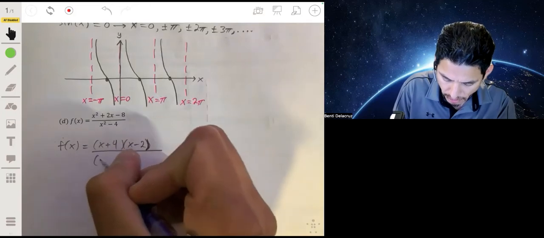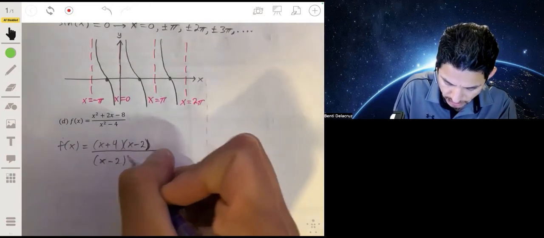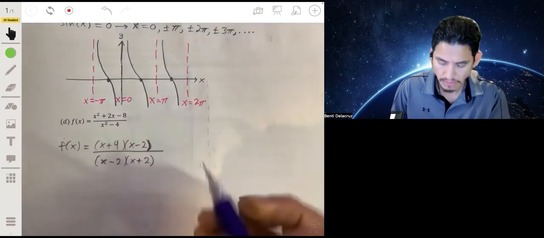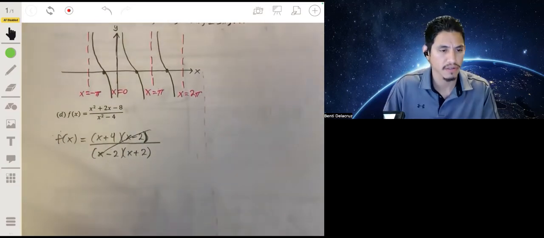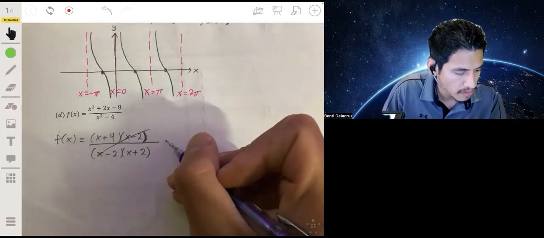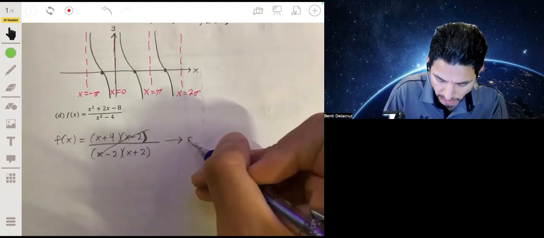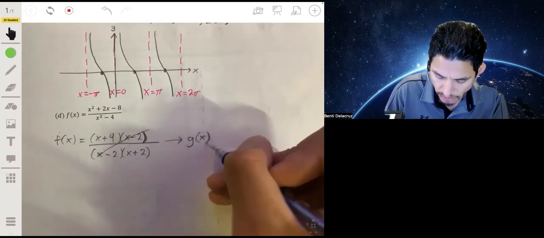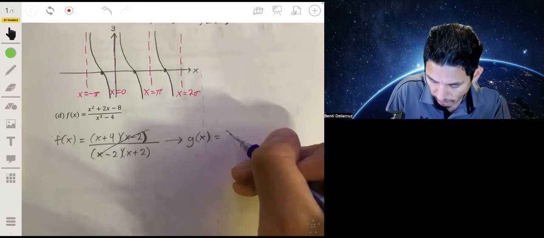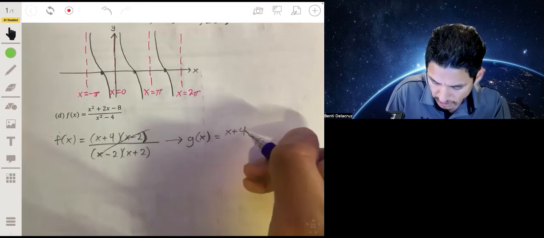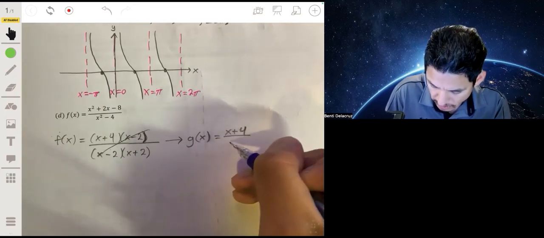And the denominator you can factor into x minus 2 times x plus 2. So you can actually cancel out those factors. And then you end up with another function. We'll call it g of x, which is equal to x plus 4 over x plus 2.